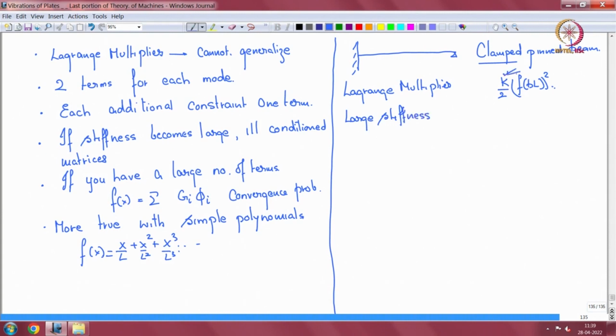Then it becomes a pin support. However, as I have been saying in this section, if k is sent to a very large value, then numerics can become a problem, because some elements in the matrices will have very high values.